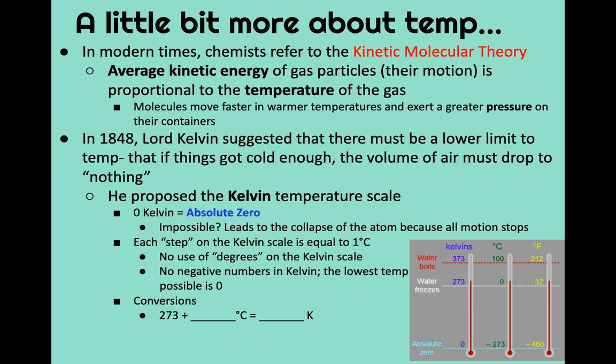For example, if our temperature is 20 degrees Celsius, then we do 273 plus 20 to get 293 Kelvin. I can do that math in my head. And vice versa, if we wanted to go from Kelvin to Celsius, we just subtract 273. So if the temperature was 293 Kelvin, we would subtract 273 from it to get 20 degrees Celsius.